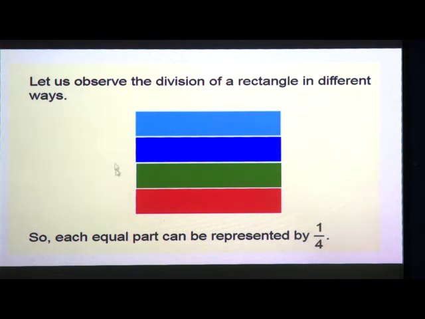So, out of 4 parts it has been divided, each equal part is represented by 1 by 4. In the same way, many different objects can be divided into equal parts and we can write the fractions for those.